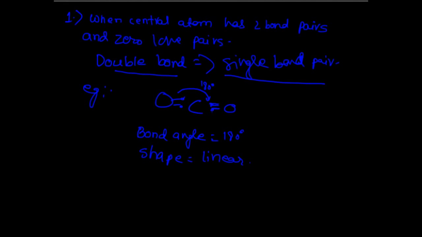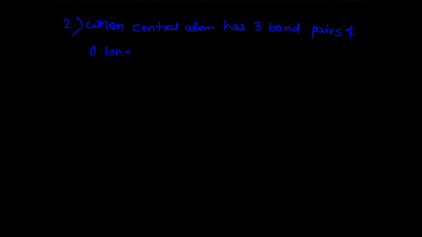Now let's move on to our next case, that is case number 2, when the central atom has 3 bond pairs and 0 lone pairs. So the example of this case is AlCl3.